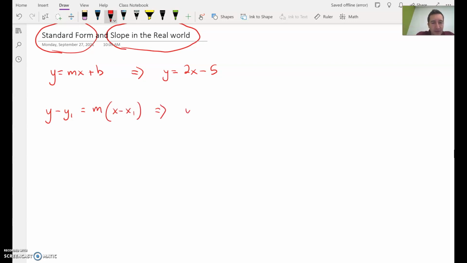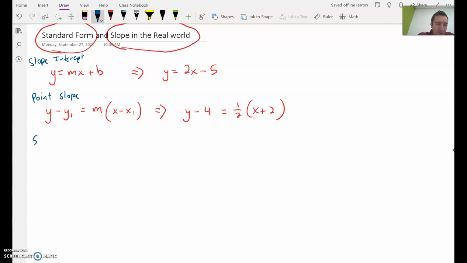An example of that might be y minus 4 equals 1/2 times x plus 2. So we have slope-intercept and point slope.